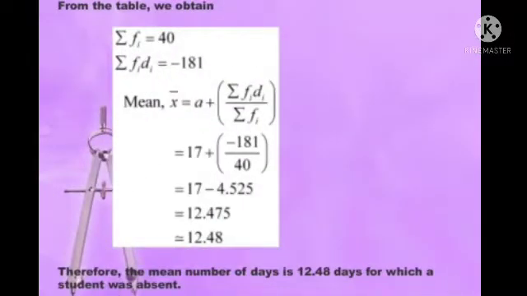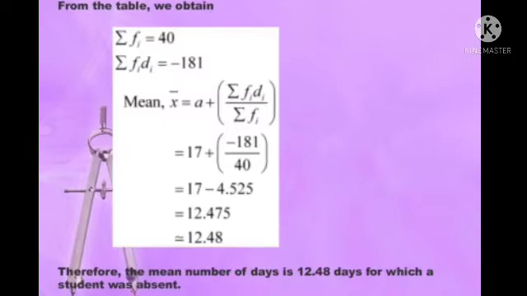From the table, we obtain summation of fi is equal to 40, summation of fi di is equal to minus 181. So, mean x bar is equal to a plus, in the bracket, summation of fi di upon summation of fi. That is equal to 17 plus, in the bracket, minus 181 divided by 40.